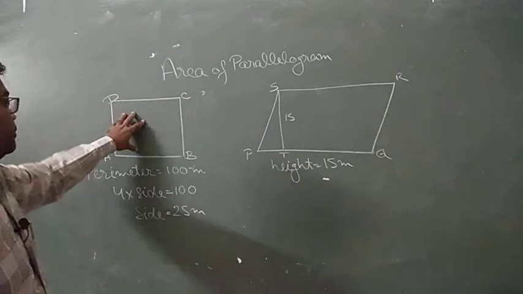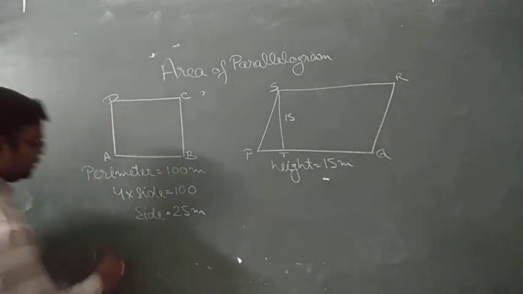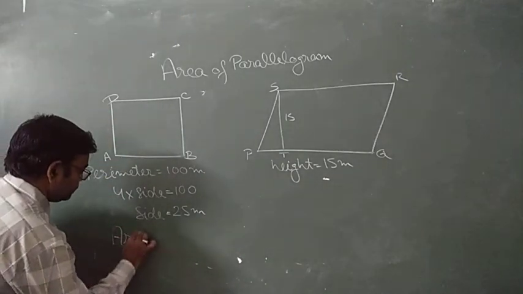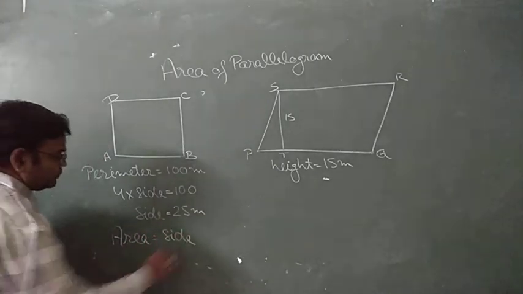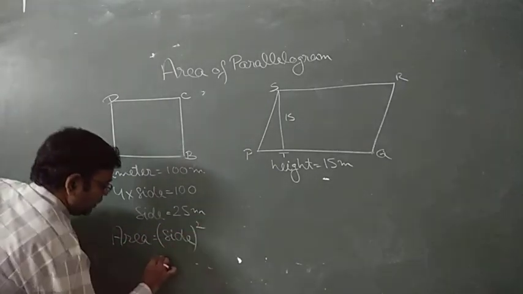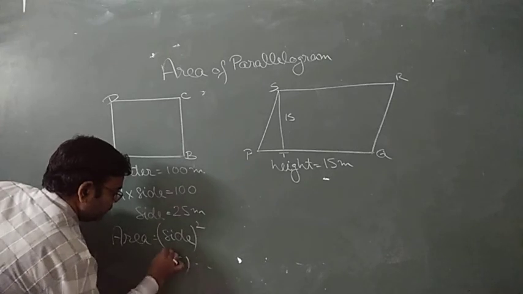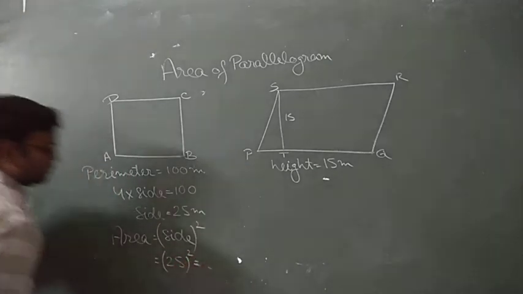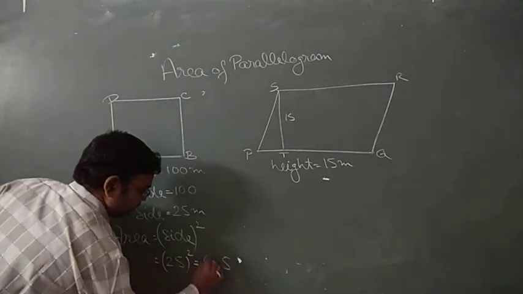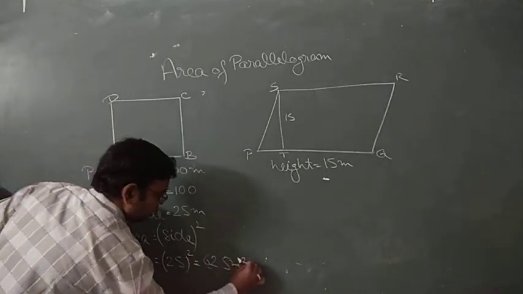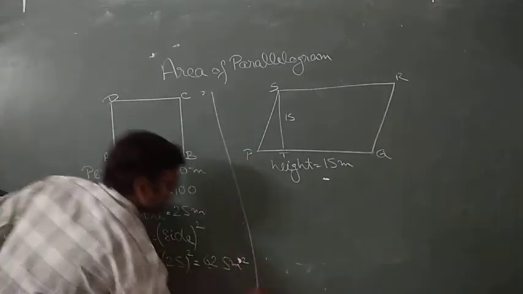What is the area of the square? We can find the area of the square easily. The area equals side square, and it's 25 square. It's 625. 25 fives are 125, 25 twos are 50, 625 meters square. Clear? This is for the case of the square.